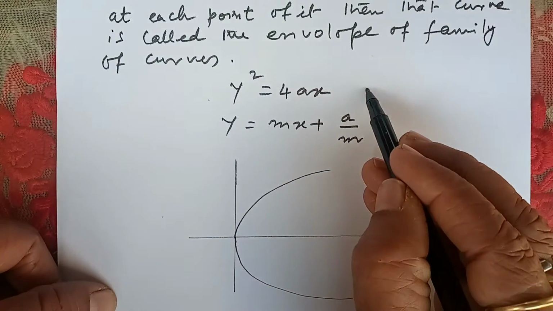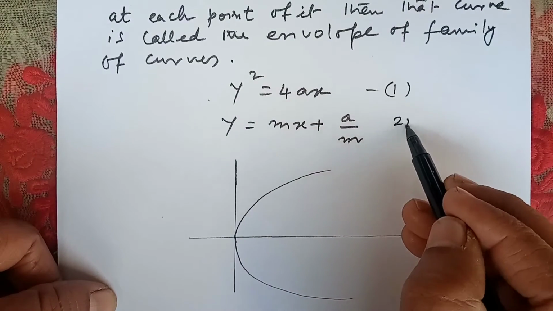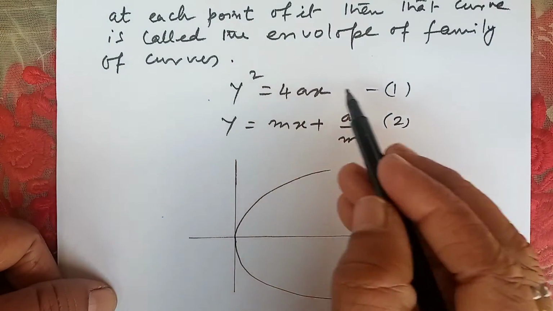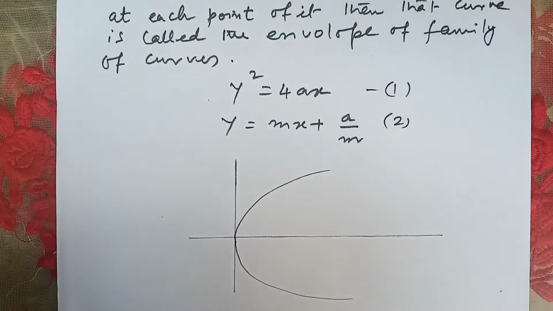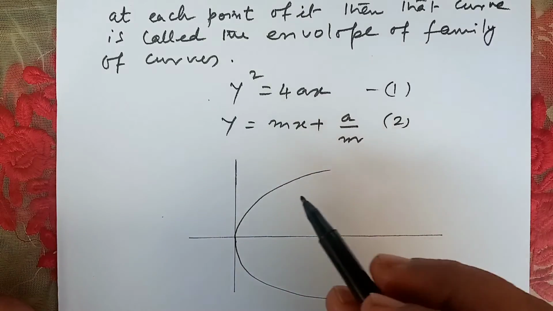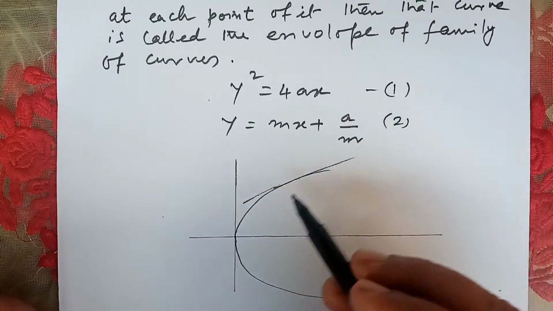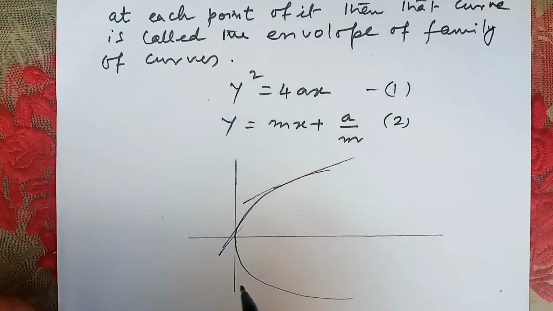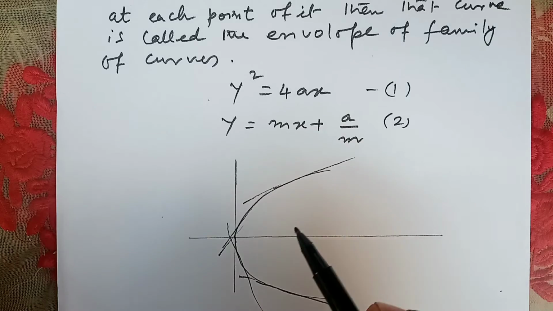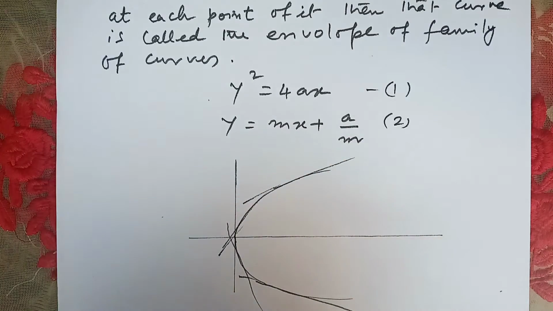So this is 1 and this is 2. For different values of m, the line touches the parabola. This is a tangent, this is a tangent. This means this parabola is the envelope.